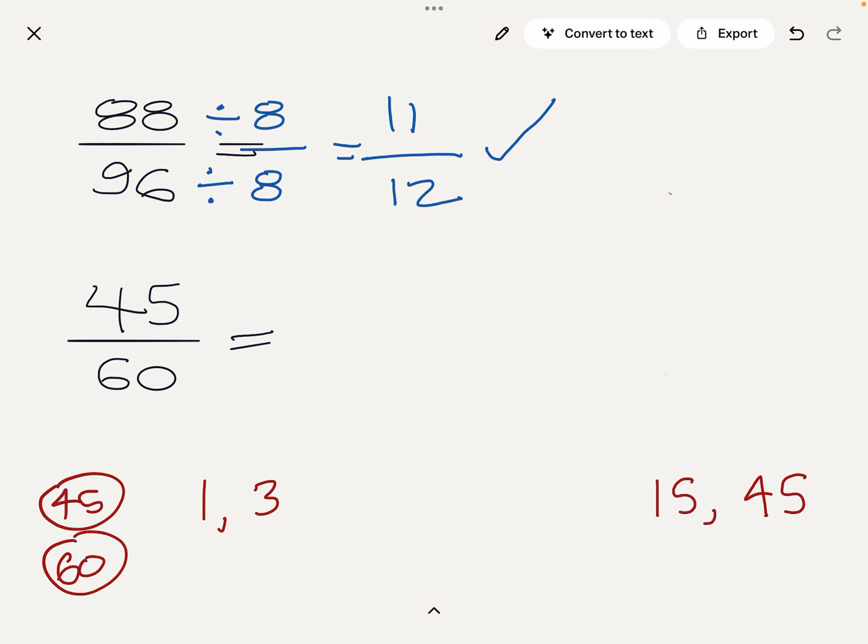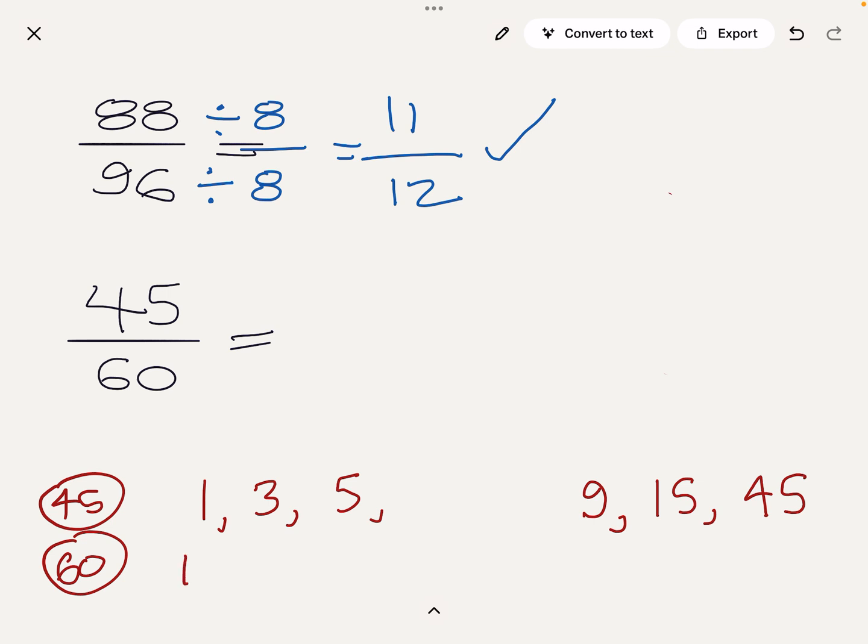4 will not go into it if 2 doesn't. 5 goes into it. 5 times what is 45? Well, I believe that's 9. 6 will not go into it because 2 doesn't. 7 does not go into it. 8 does not go into it. And I think we have our factor list for 45.